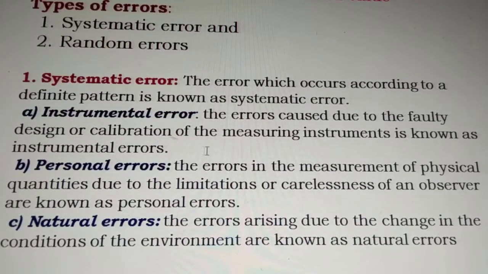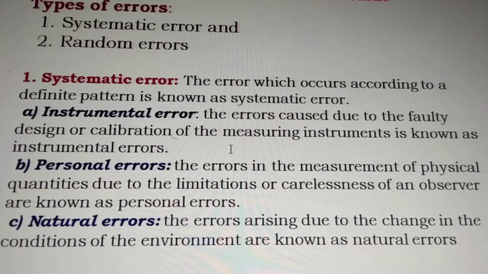So, you see the instrumental error: each and every instrument is not perfect. There are some errors present. Maybe you are using a vernier caliper, a screw gauge, or a physical balance. So, you will get some kind of error here. These are all instruments. The error is caused due to faulty design or calibration.